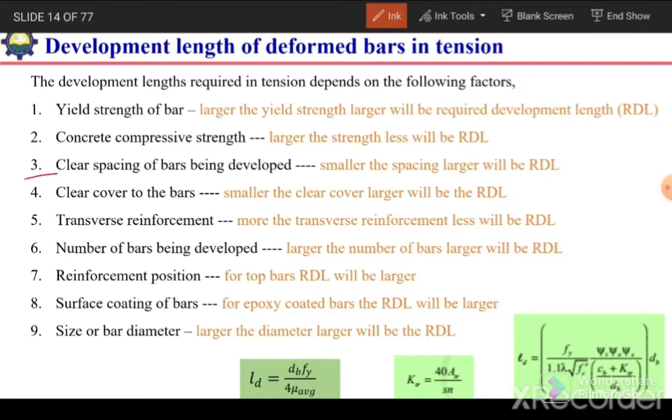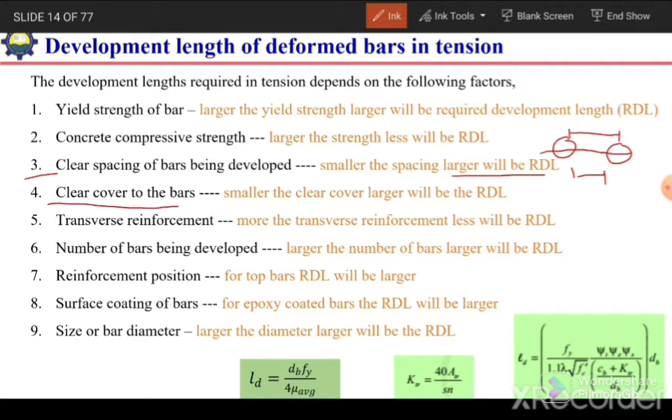Okay, third is clear spacing of bars being developed. If the clear distance between the bars is less, then the required development length will be high. This is because when the spacing is less, the splitting crack will appear like this. This we have discussed in the previous video. Similarly, the clear cover.